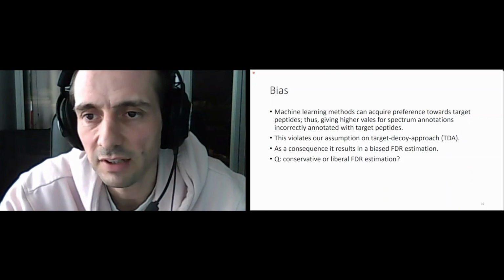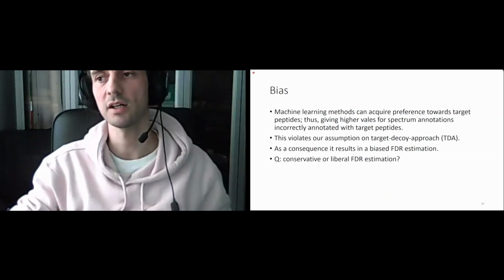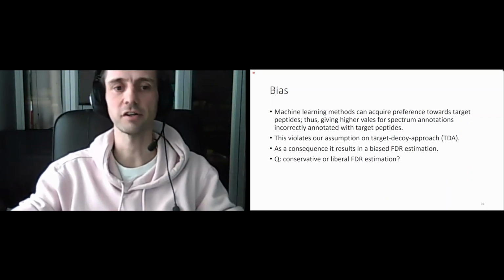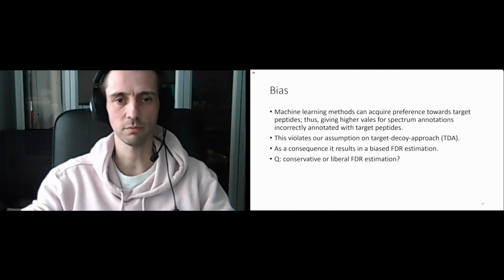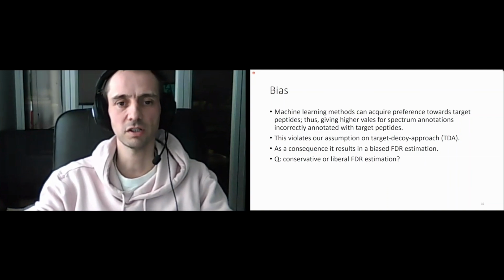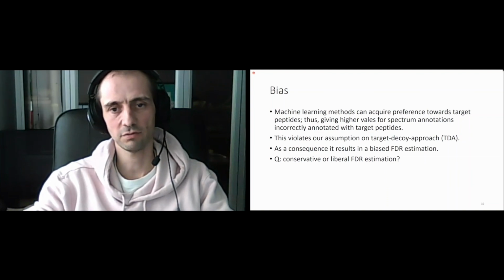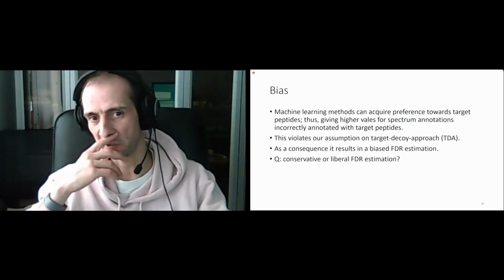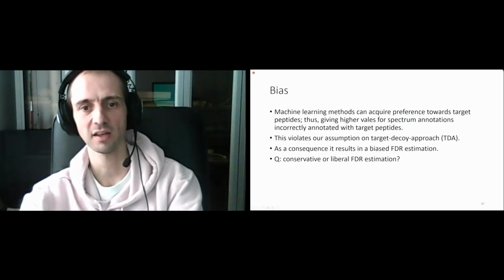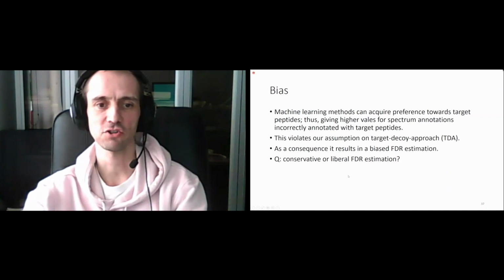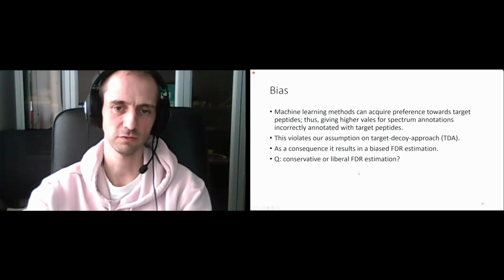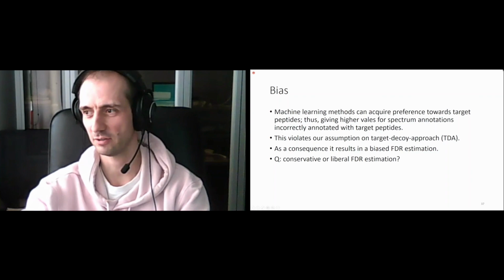So in this case, the target peptides will be preferred in random matchings. Then it will violate some of the assumptions in the target decoy approach. And as a consequence, we will get a biased false discovery rate estimation. Okay, and now my question is, is it going to be a conservative or liberal false discovery estimation?